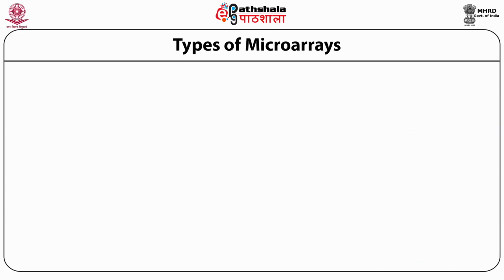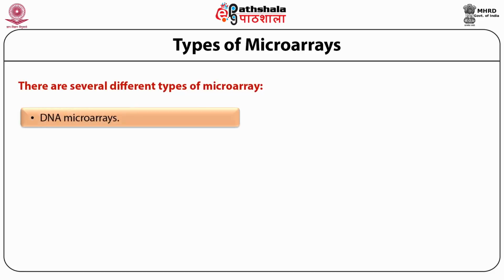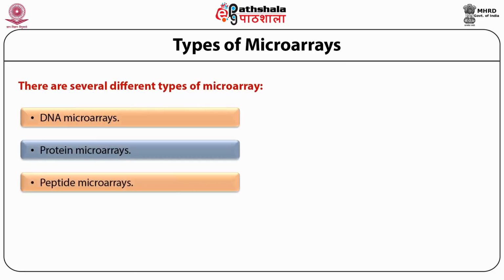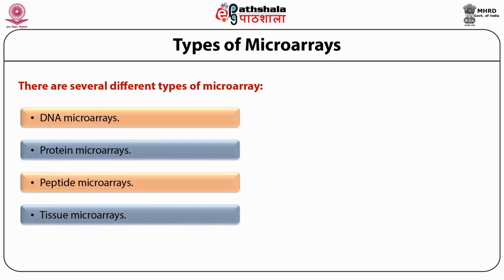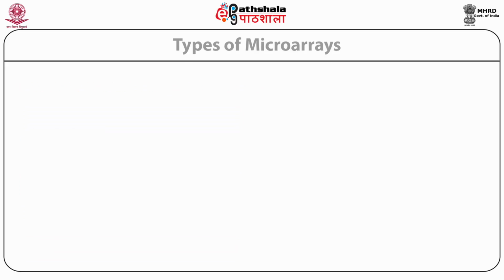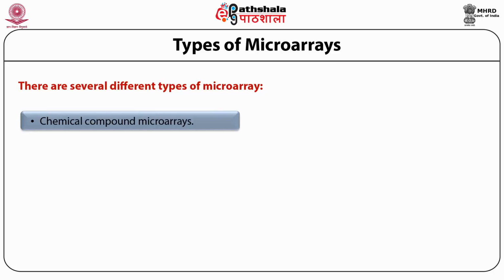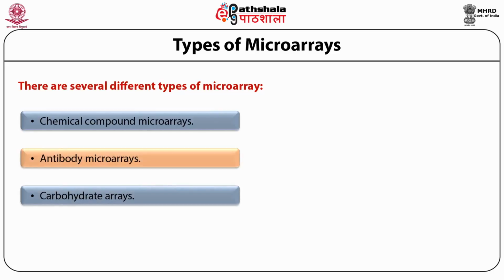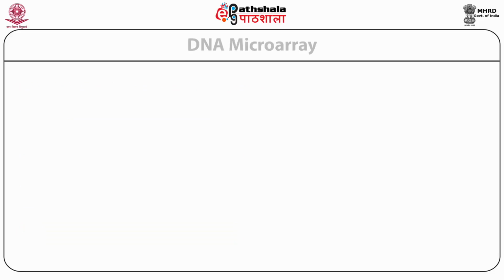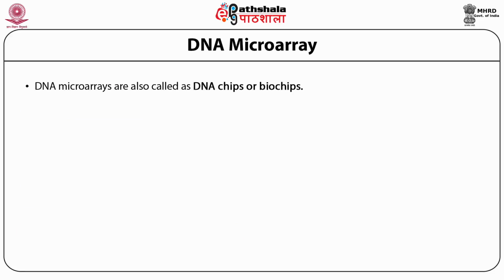Types of microarrays. There are several different types of microarrays: DNA microarrays, protein microarrays, peptide microarrays, tissue microarrays, cellular microarrays, chemical compound microarrays, antibody microarrays, carbohydrate arrays, phenotype arrays. DNA microarrays are also called DNA chips or biochips.